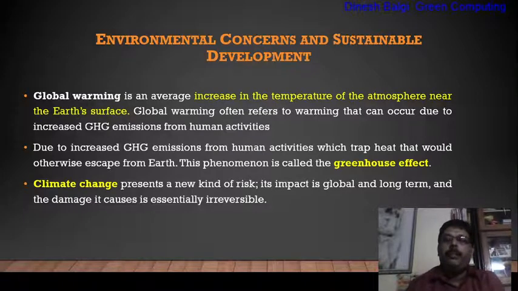The sun rays coming will have force and heat. They come and hit the earth's surface, and it is going back. And why this global warming is taking place, that we have to understand.